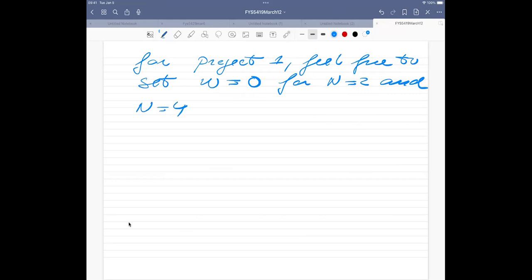Now, as a challenge, if you want to, you could look at the case where you have more than 4 particles. Then your matrix is just going to grow larger. But in essence, this is what you will end up doing for the Lipkin model.